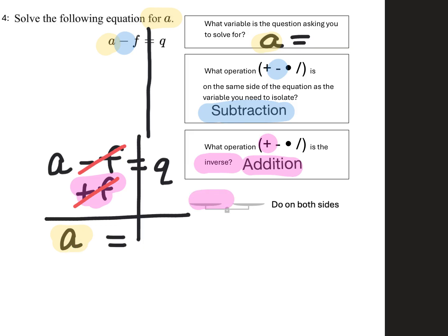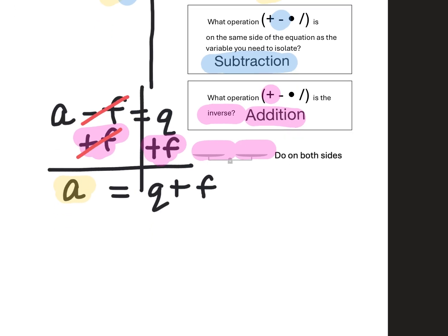But I've got to remember to do that plus F on both sides of my equation, because that's what we have to do to stay balanced. And like our last example, since we don't know what Q and F are equal to, there are no calculations we can do. So our completed version of our problem is A is equal to Q plus F.